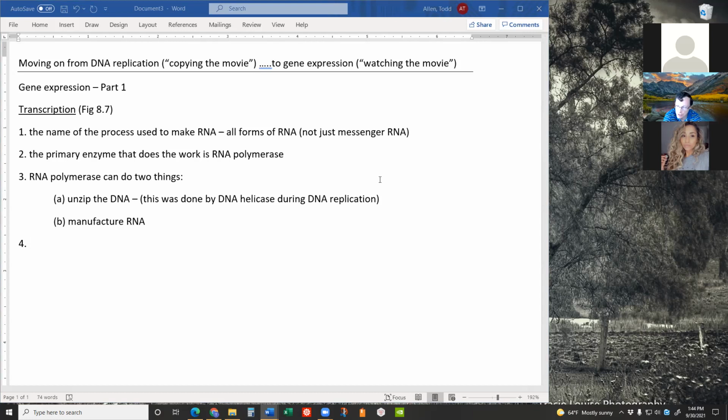In transcription, we have to know where to start unzipping the DNA for transcription. But the signal is not the origin of replication, because we're not doing a copying process. We are expressing a gene. So RNA polymerase knows where to begin unzipping the DNA by recognizing that term that some of you have been throwing out called the promoter.